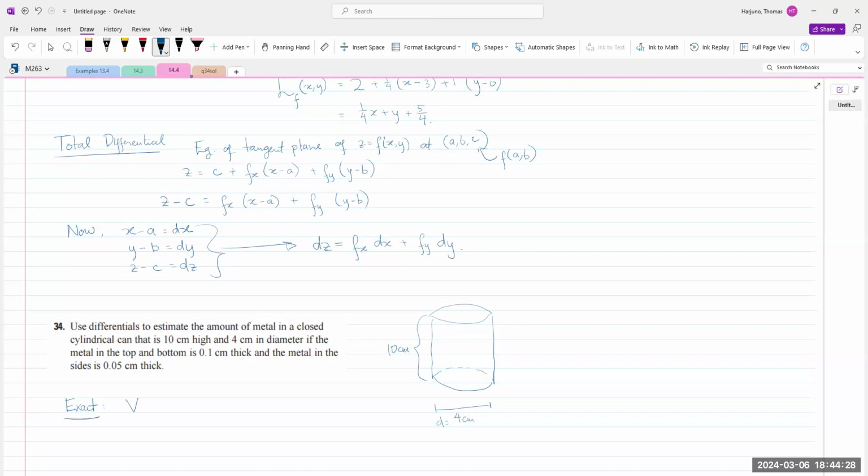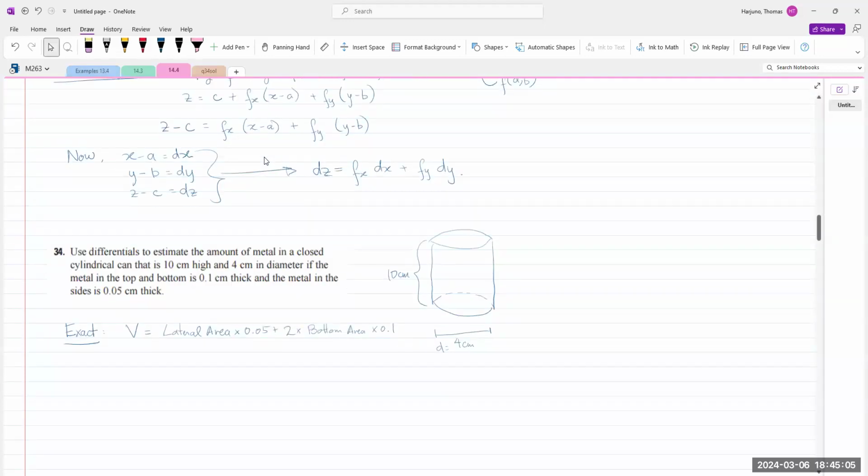So the volume is equal to the lateral area times the thickness on the sides, which is 0.05, plus 2 times the bottom area or the top area, 2 times because we have top and bottom, times 0.1, right?